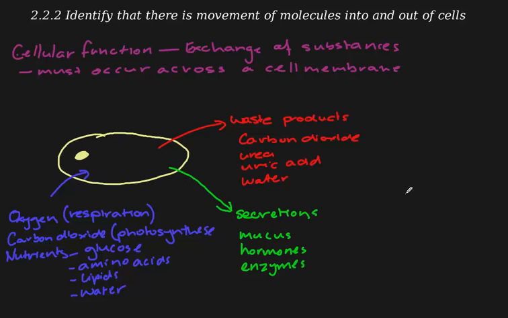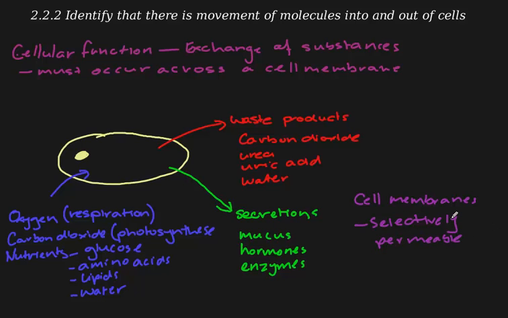So for all this to occur across the cell membrane, cell membranes must be able to allow things in and out. And they're what we call selectively permeable. So cell membranes are selectively permeable.